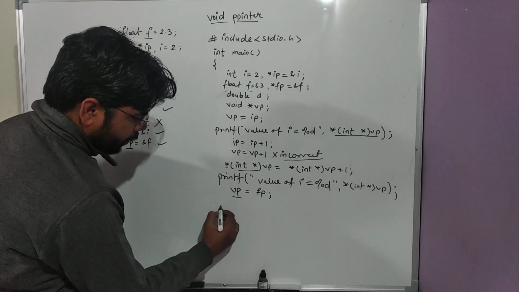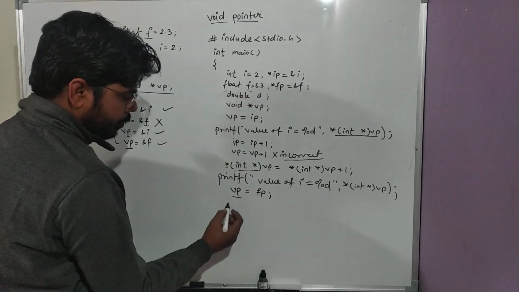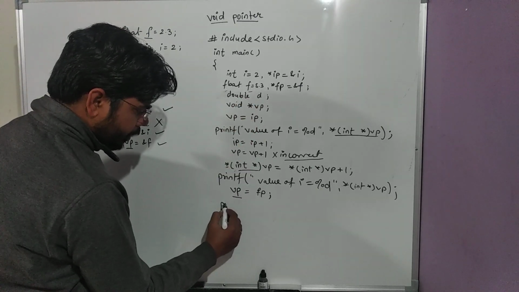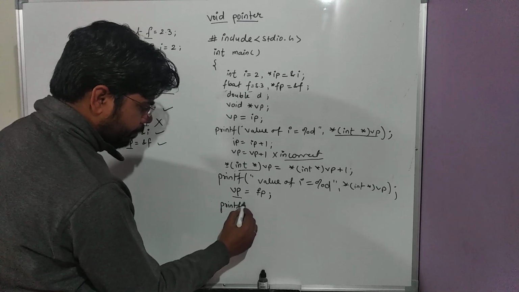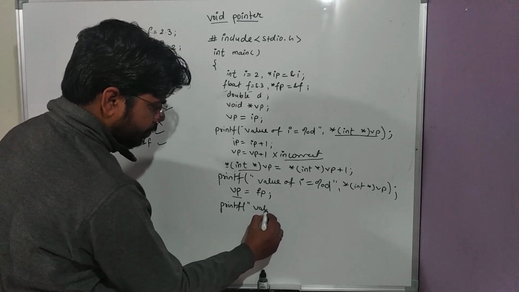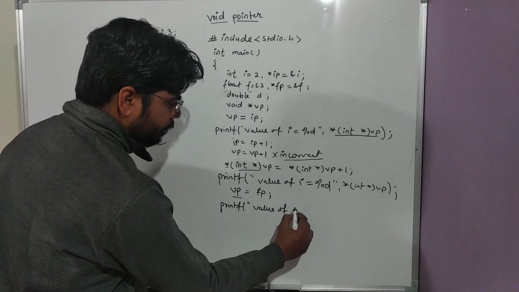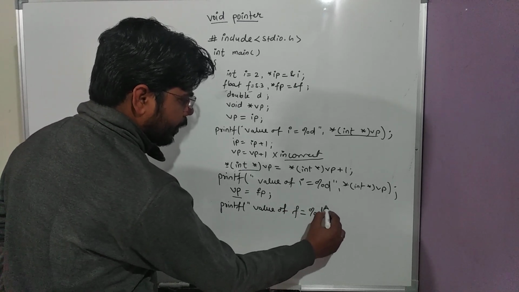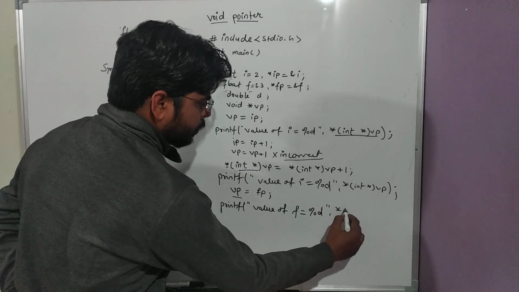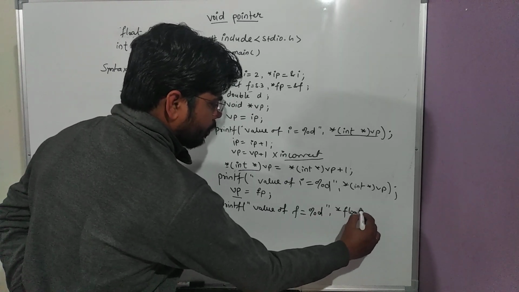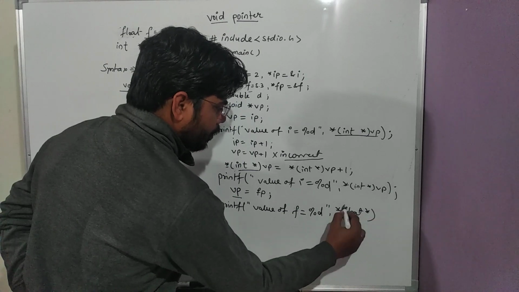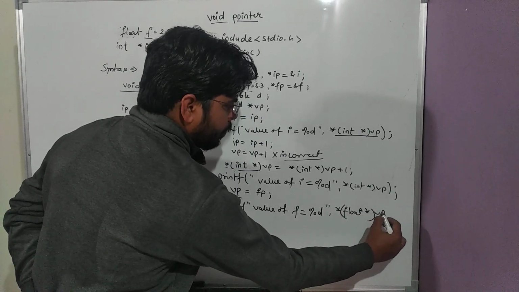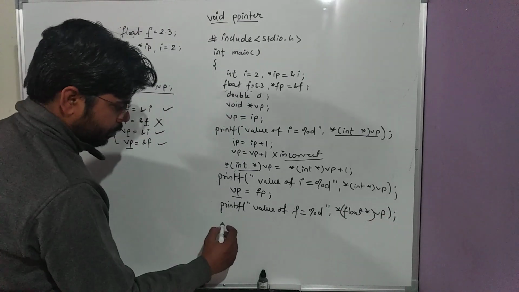Okay, and if you want to print this F value using this void pointer, that is printf value of F is equal to %f is asterisk float asterisk VP, and close.